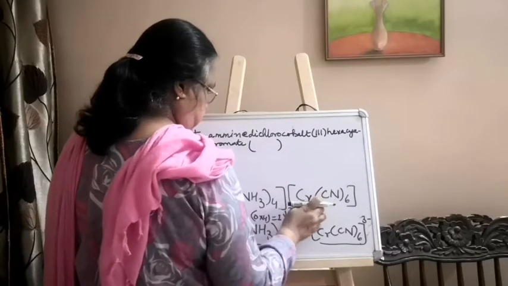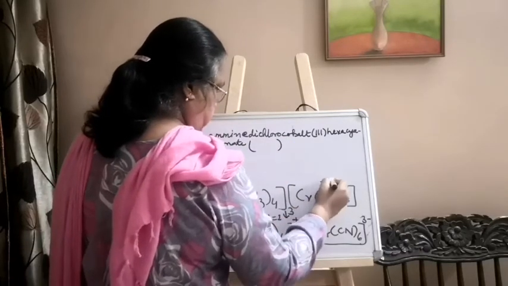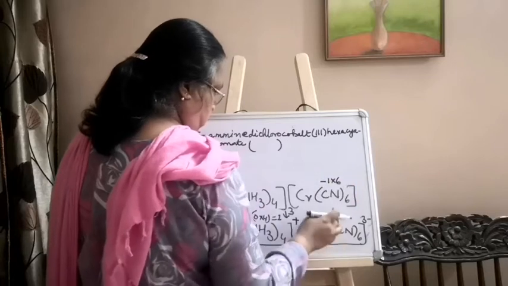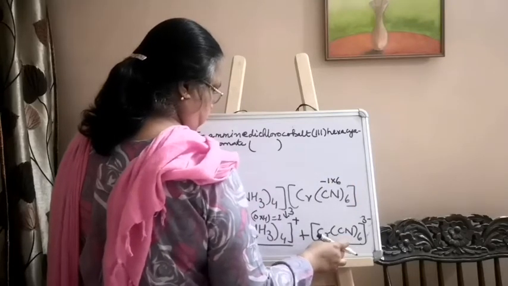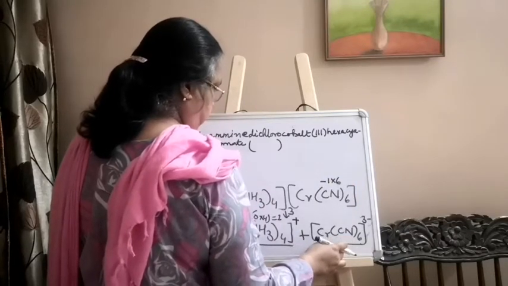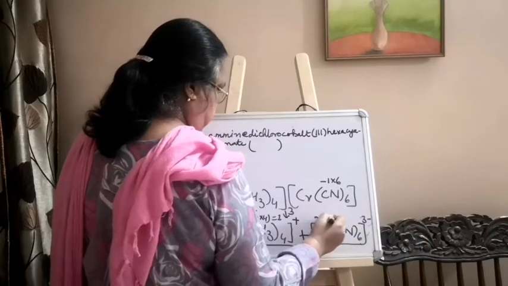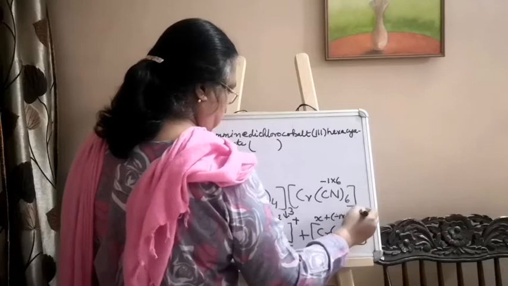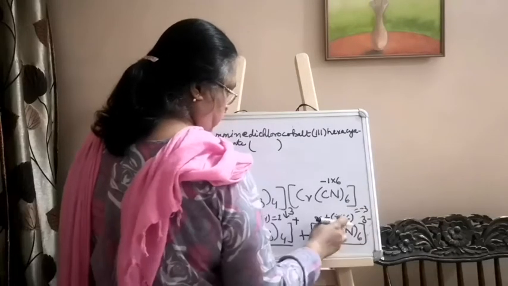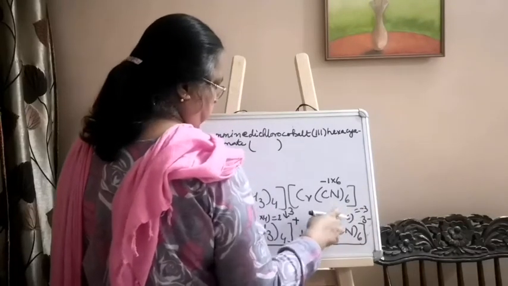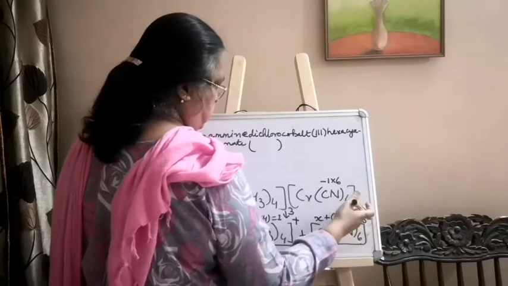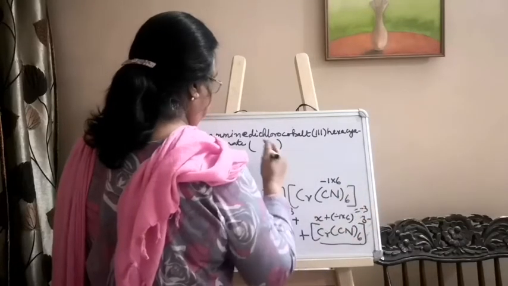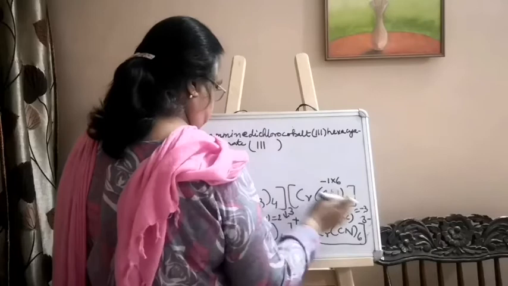What is the oxidation state here? Minus 1 into 6, or you can just look here, then you can find out. And this is X plus minus 1 into 6 is equal to minus 3. So it will be 6. Minus 6 will go that side, plus 6 minus 3 is 3. So the oxidation state will be 3.